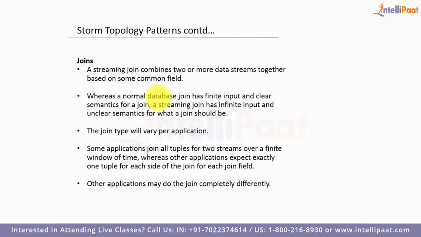The join type will vary as per the application and the business need. Many applications join all the tuples for two streams over a finite window of time, whereas other applications expect exactly one tuple for each side of the join for each join field.